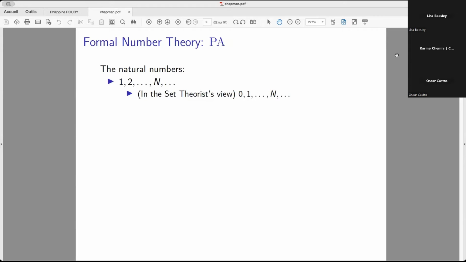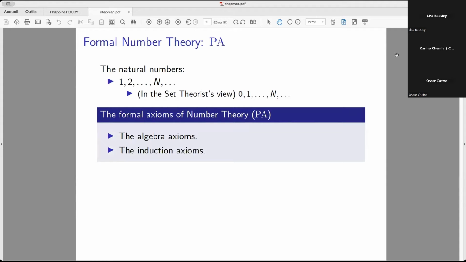All right, so let's look at the classical incarnations of infinity. We have formal number theory, the Peano axioms. The objects are the natural numbers, 1, 2, 3, ... Set theorists like to be controversial and start with 0. We have the formal axioms of number theory, the algebra axioms, those that you would write down. And then we have the induction axioms, which are a scheme.